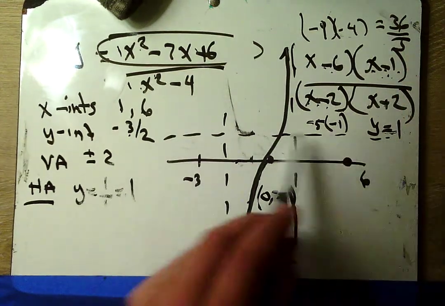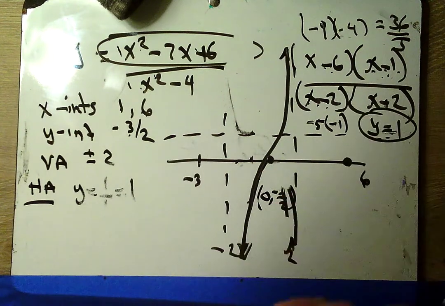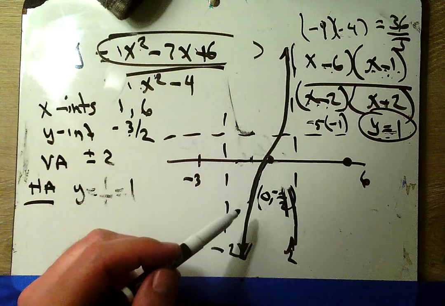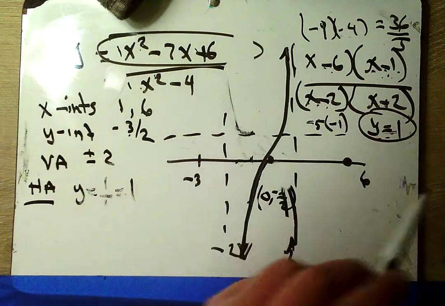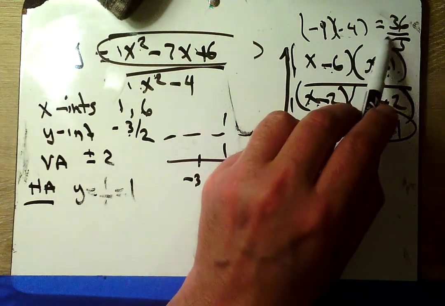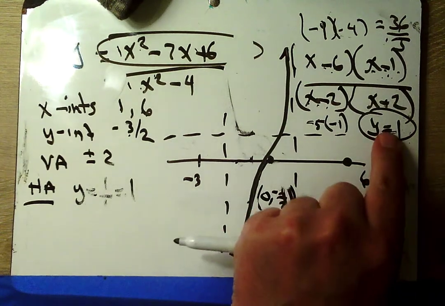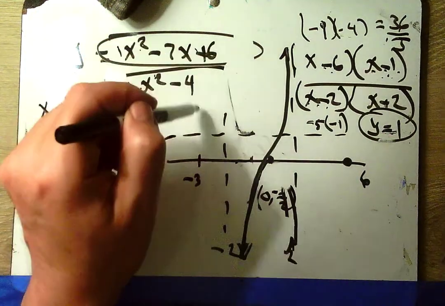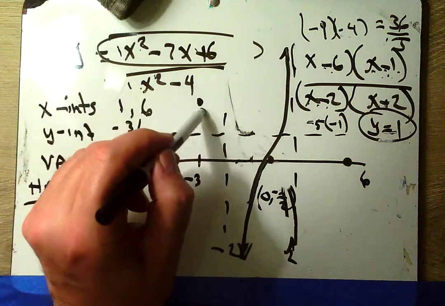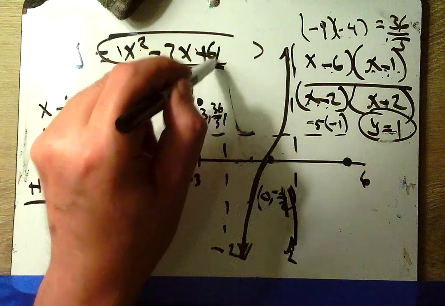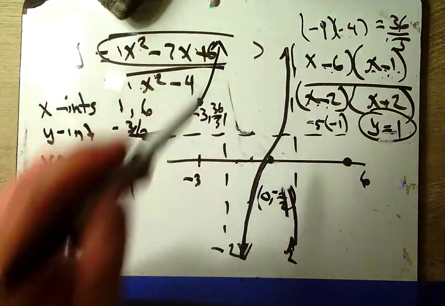Is that above our horizontal asymptote at y equals 0? Or is that below our horizontal asymptote at y equals 0? I'm sorry, y equals 1. Well, since 7 1/5 is in fact bigger than 1, we know our point is here, -3, 36/5, and so our graph is going to be up here.